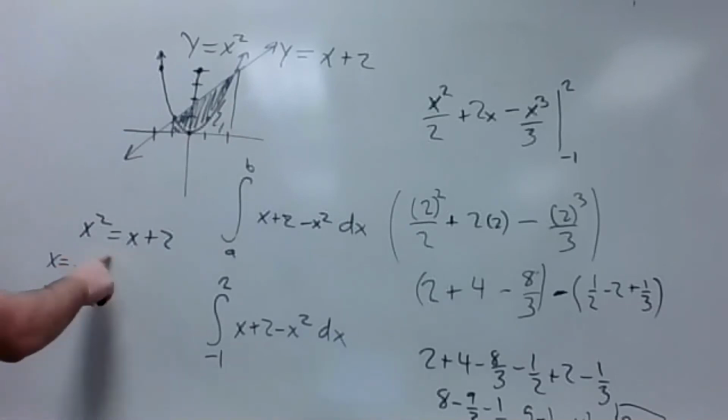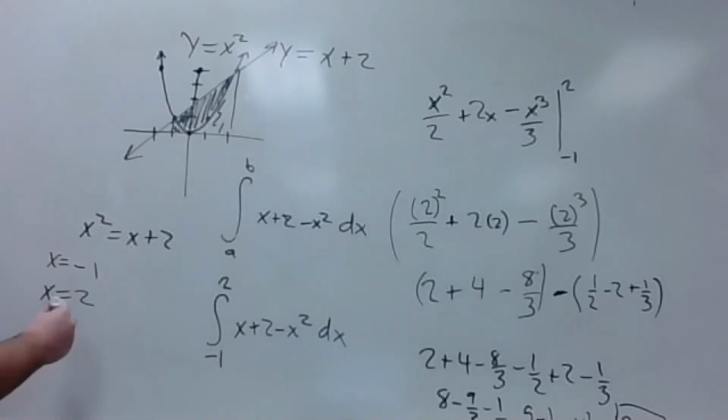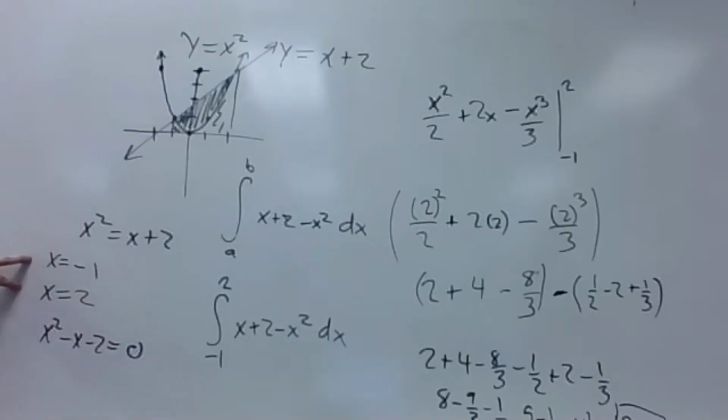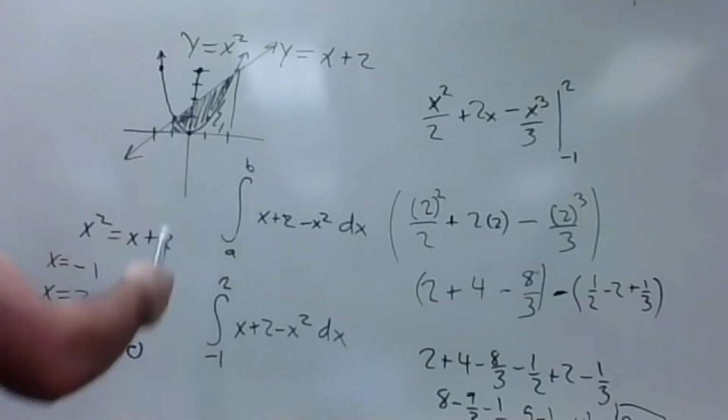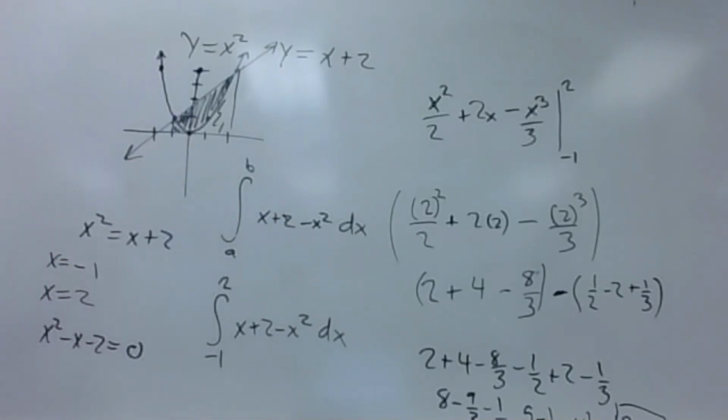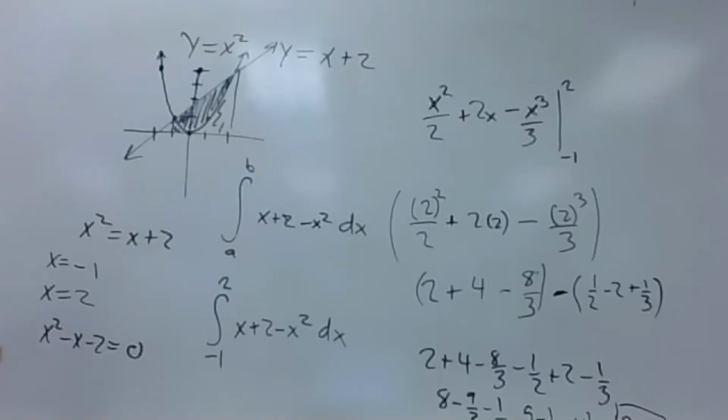So kind of how we set it up here, if we really wanted to, we could say that this is x squared minus x minus 2 equals 0. Or we could use the quadratic formula here to find our places, but it's kind of easy to see on this problem. But the one on the test is more complicated than this one, but it's not like one that's sideways where you have to change it to x equals y kind of thing. Okay. So yeah, I guess any other questions about it? Nope.